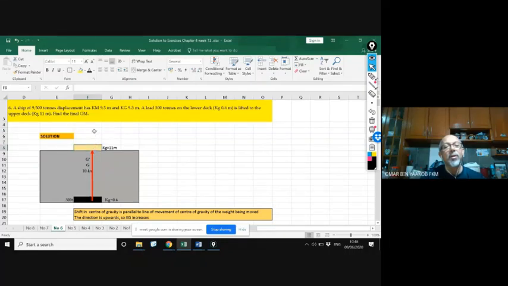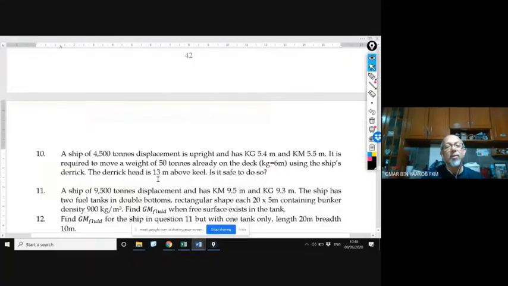So the location here is 13 meters. And the original location was something like, I forgot, here. So it was originally on the deck, 6 meters. So the movement is actually 13 minus 6, yeah? So it is 7 meters.